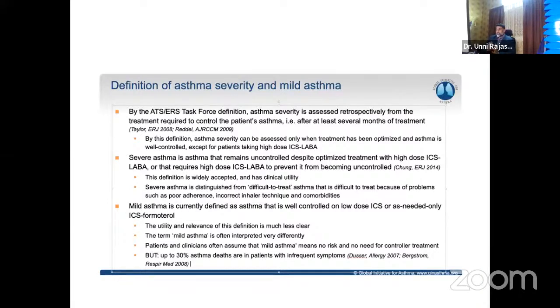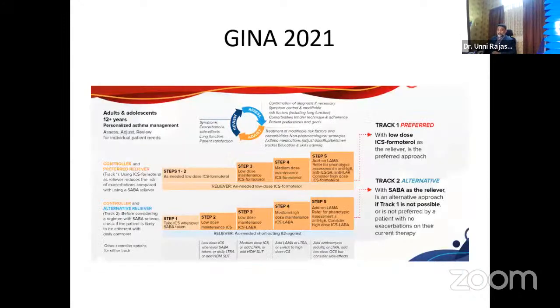The definition is important, and difficult-to-treat asthma is asthma that is difficult to treat because of poor adherence, inhaler technique, or patient-associated comorbidities. So these definitions are becoming more refined in the coming days in the updated GINA guidelines.